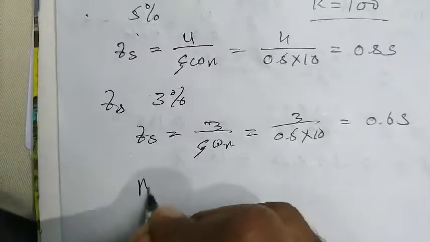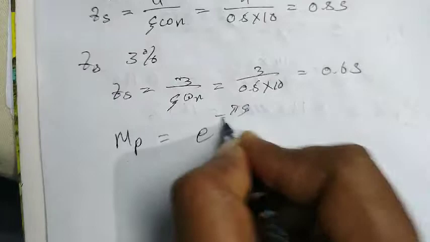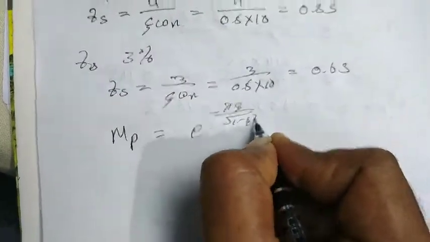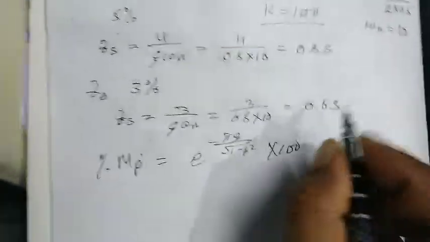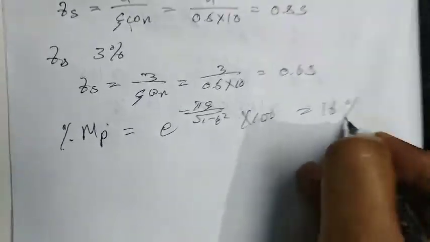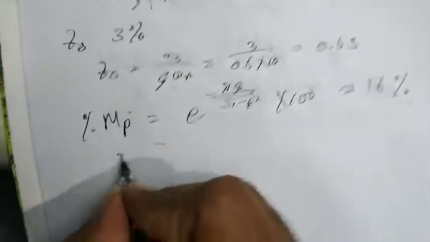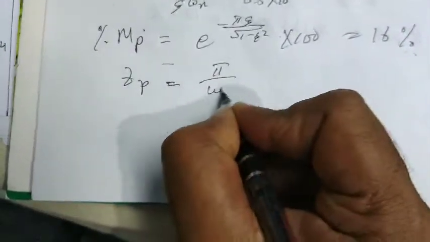Similarly, percentage peak overshoot is e power minus pi zeta by under root 1 minus zeta square into 100. As I told you, zeta value is 0.5, so definitely I'll get 16%. Next, Tp, peak time. The peak time formula is given by pi by omega d.